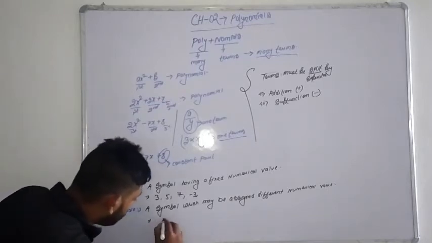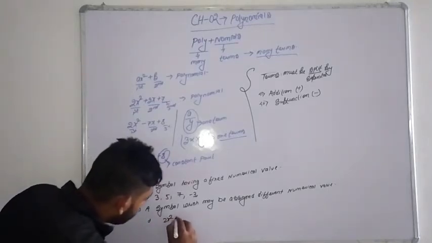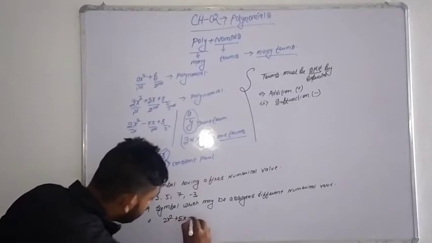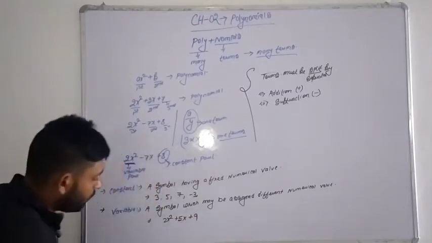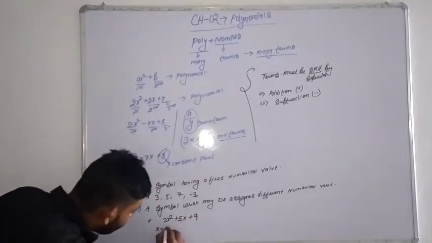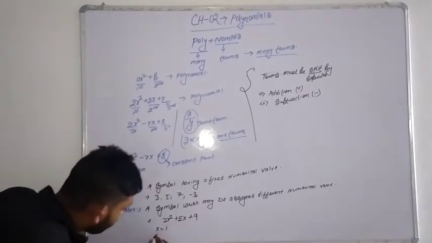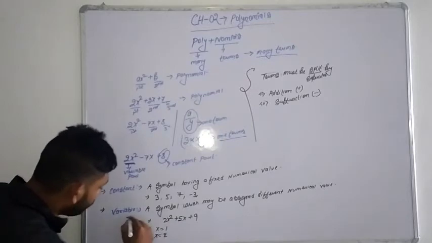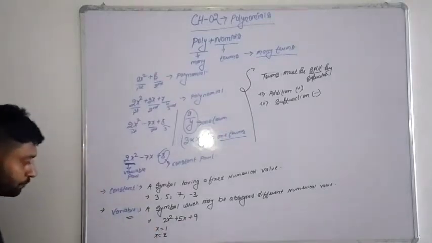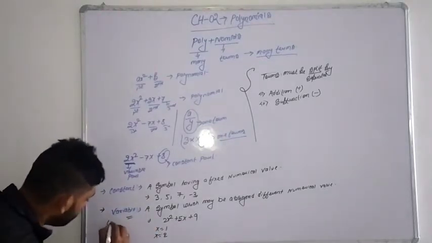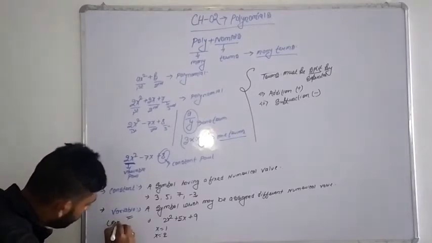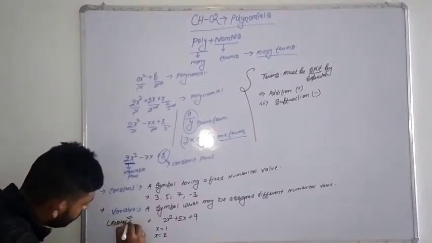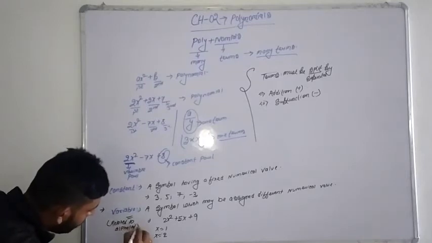So suppose 2x square plus 5x plus 9. Here, when we put the value 1 we get a different value, and when we put the value 2 we get another value, so it is the variable part. That means it is related to alphabets.